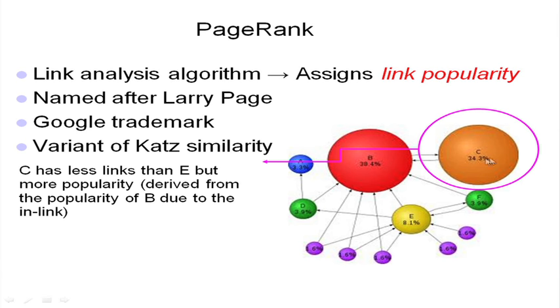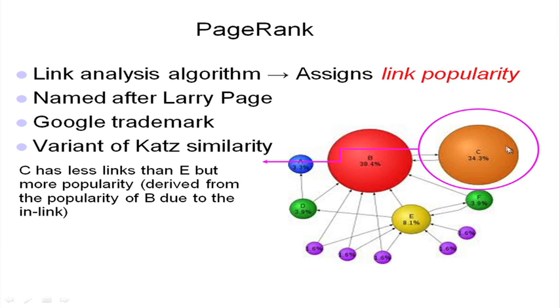You see that the node C has only 1 in degree, but the popularity of node C is quite high. This is because node C is pointed to by node B, who himself is very, very popular. Okay. So, this is the basic idea of the eigenvector centrality that we have already discussed.